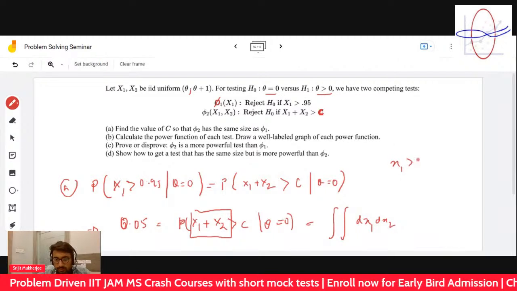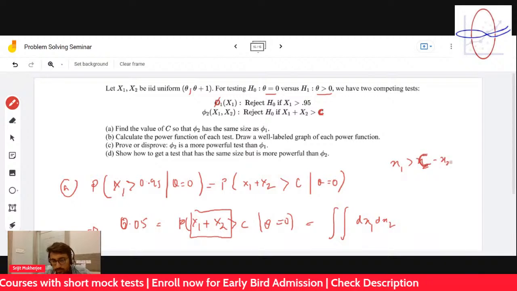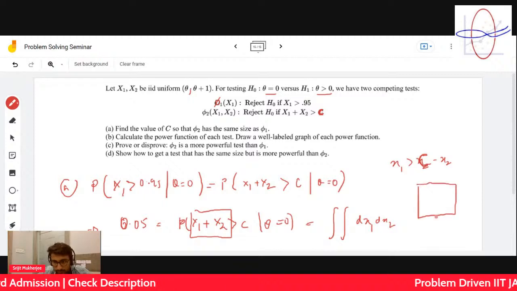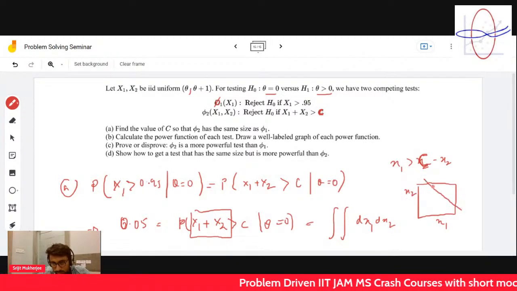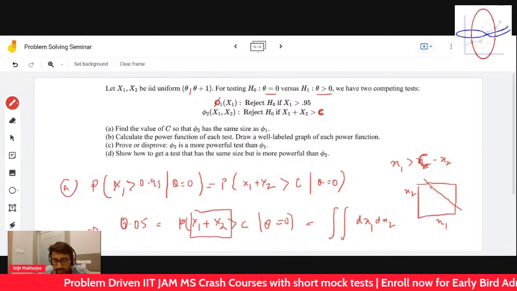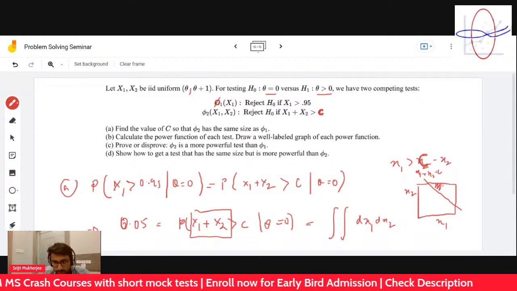Now how are the x1 and x2 limits? x1 is greater than c minus x2. So this is the diagram. This is x1, this is x2, and this is c, between 0 and 1. If this is the line x1 plus x2 equal to c, this is the area you are looking for.